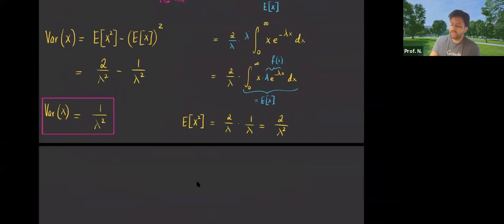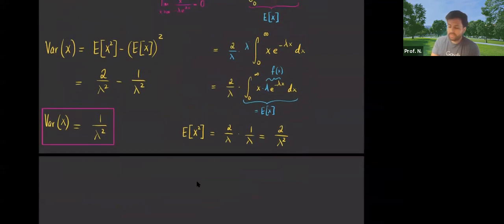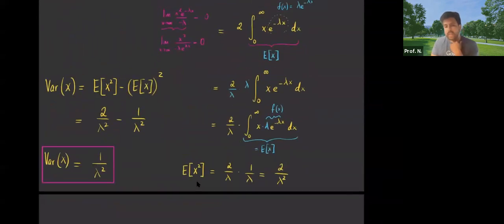Okay, so we discussed the PDF, the CDF, the expected value, and the variance. And these are all primary characteristics for every random variable we've discussed, whether they be discrete or continuous.